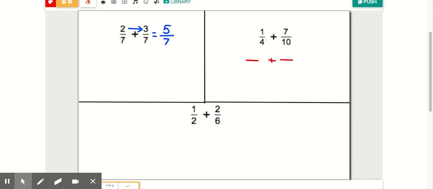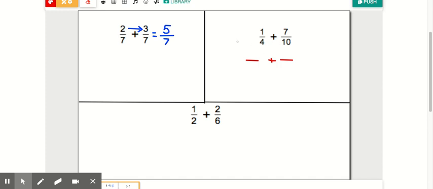But how do I change these into the same denominator without changing the value of the fraction? Well, we can make equivalent fractions. If you remember making equivalent fractions, we can find a common multiple between 4 and 10.